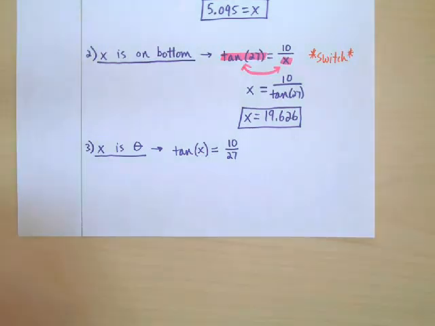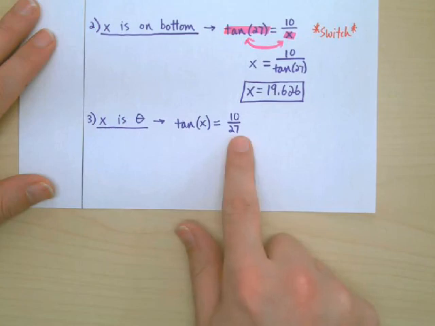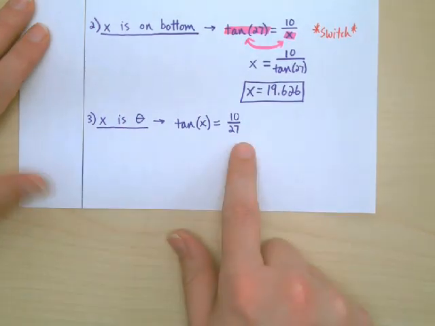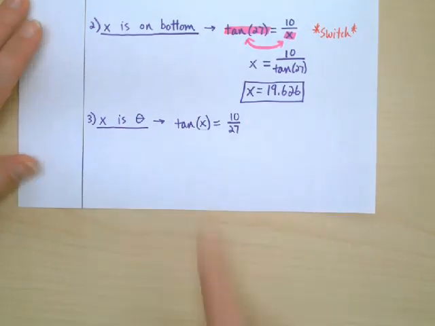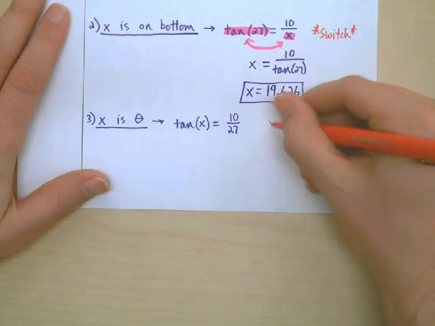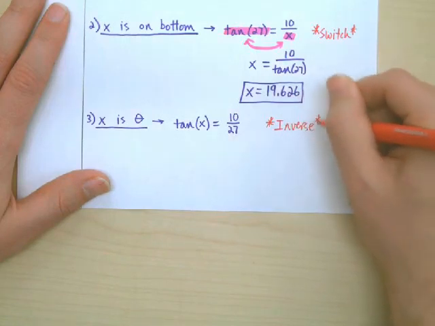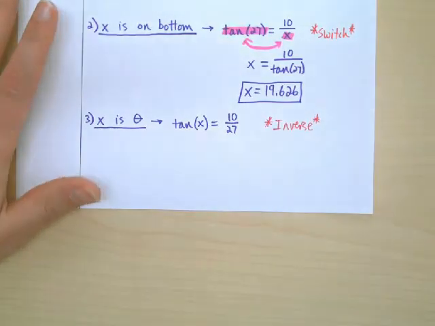The last solving skill is when x is theta. So I rearranged the example yet again, just for the heck of it, and now x is theta. When this is the case, you are going to do something called inverse. Here is how inverse works.